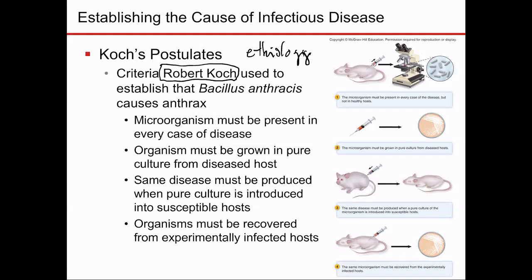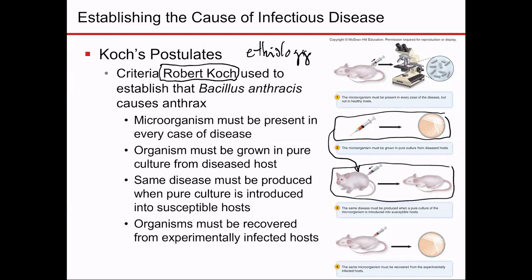When that pathogen is isolated, a pure culture is created. And now with that pure culture, we can infect laboratory animals where signs of the infection could be reproduced. For example, in this case, where we're looking at the pathogen killing the host.